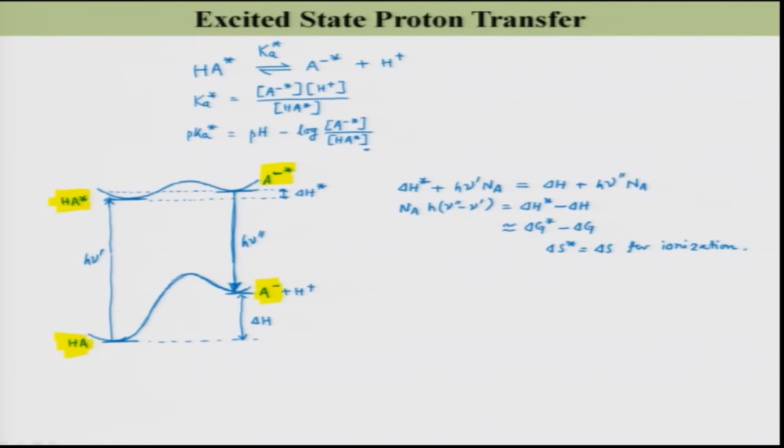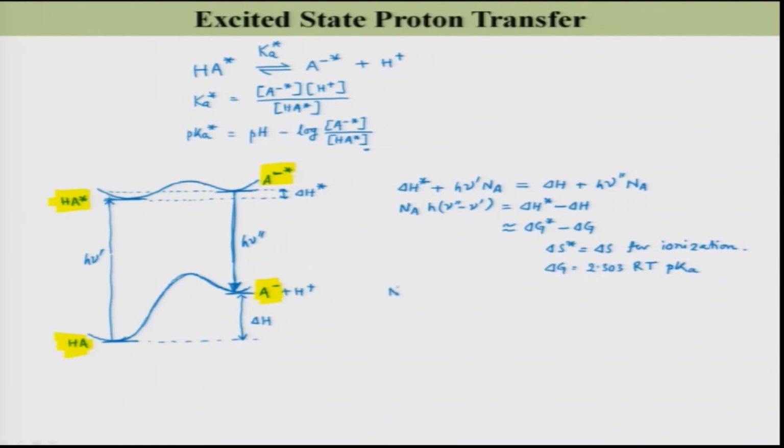right, and I know what that delta G is equal to: 2.303 RT pKa, right, RT pKa. So, here I plug in these things.